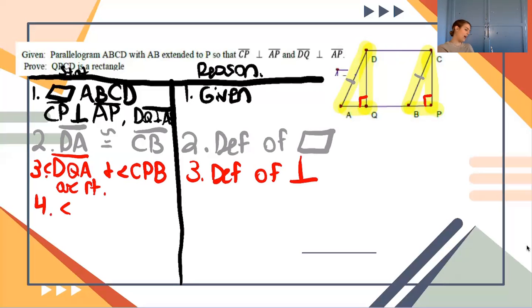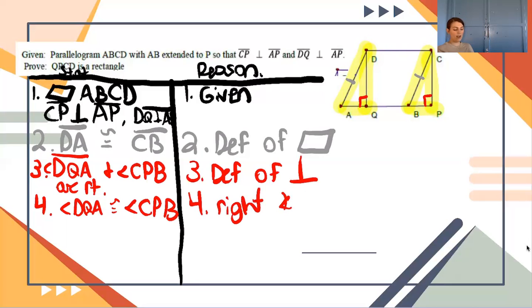And then we can go ahead and say that those two angles are congruent because of the right angle theorem that says all right angles are congruent.